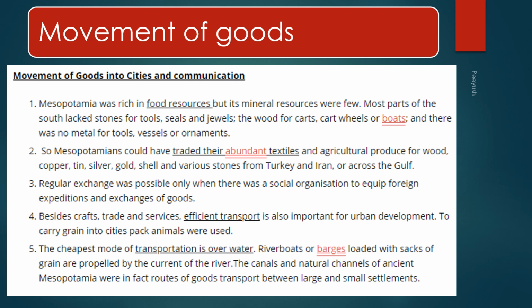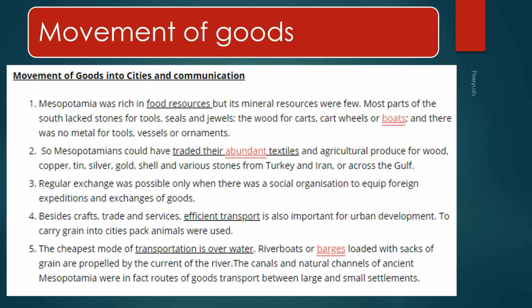Most parts of the south lacked stones for tools, seals, and jewels, wood for carts, cartwheels, or boats, and there was no metal for tools, vessels, or ornaments. So we get a clear idea that Mesopotamia, rich in food resources, was dependent on trade for jewels, wood, stones and ornaments.